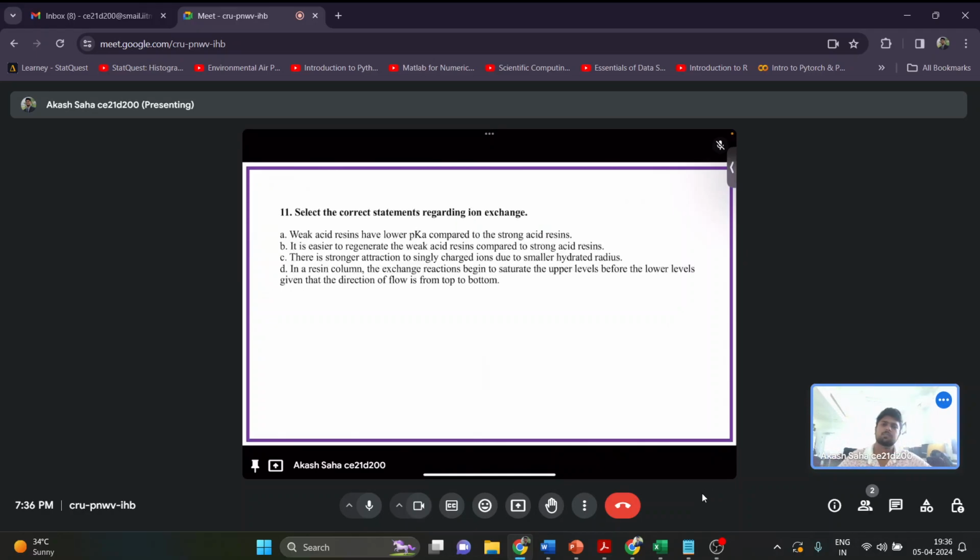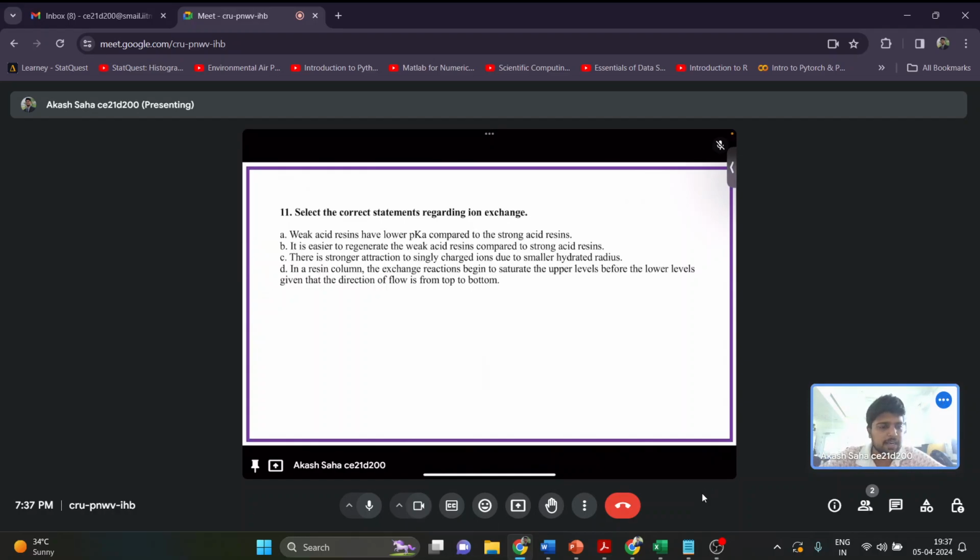So here again we have four statements as per the ion exchange process. So we have to find out which of the options are correct. Option A, weak acid resins have lower pKa compared to strong acid resins. Option B, it is easier to regenerate weak acid resins compared to strong acid resins.